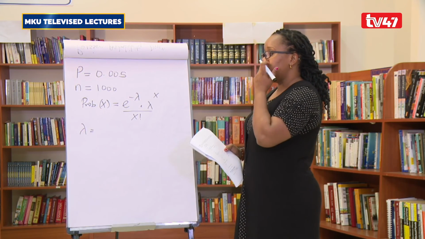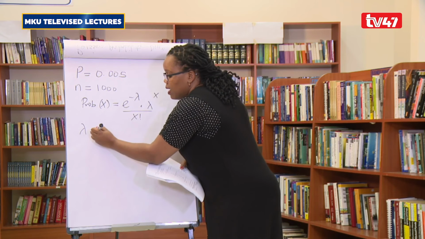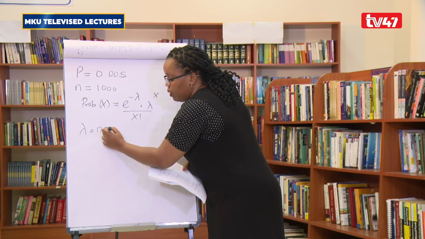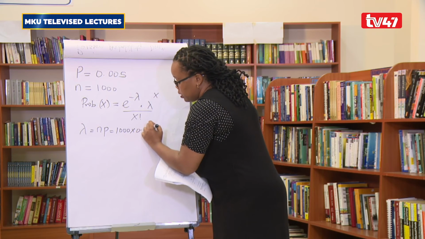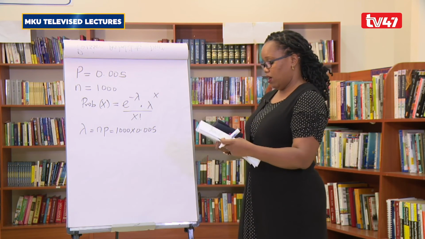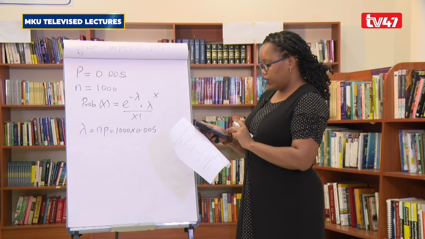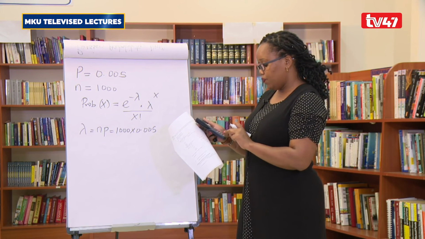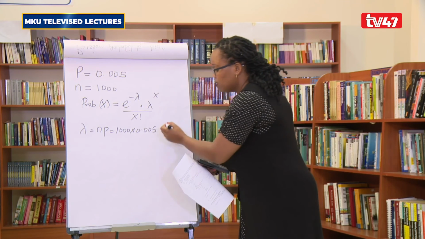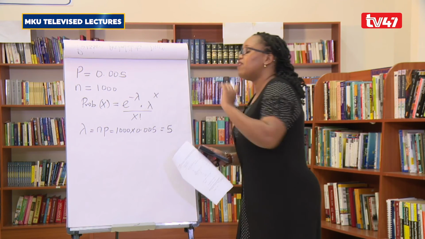And our lambda in this case will be, as seen from the properties, NP, which is 1000 times 0.005. From our calculators, 1000 times 0.005 gives us 5. So we have the value of lambda.